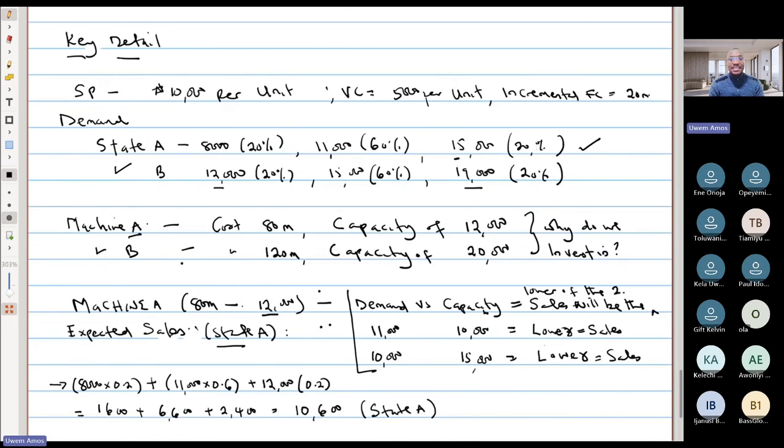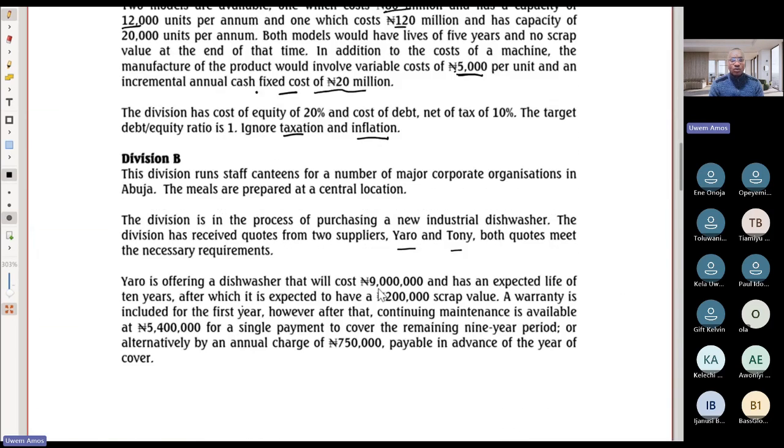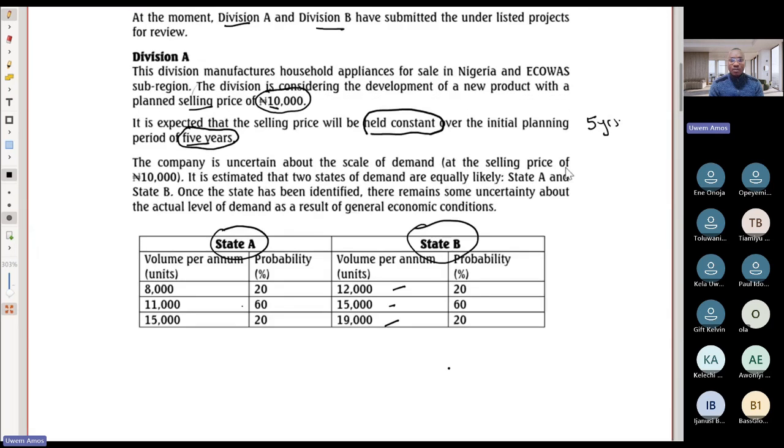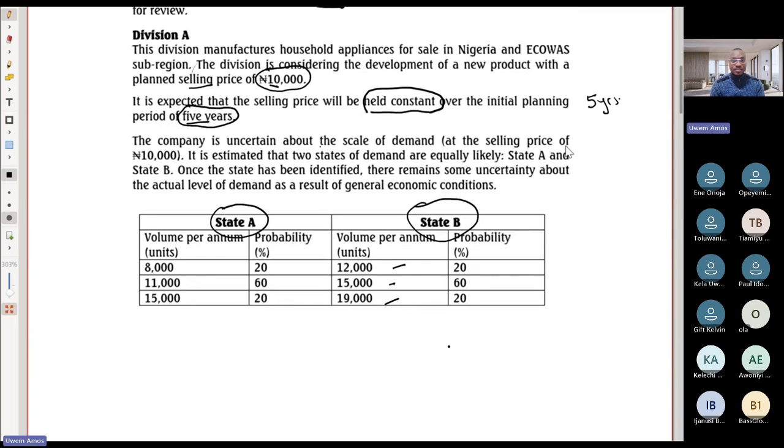What is the probability that state A will happen? Well, we said one of the two can happen. So what is the probability that A will happen, and what is the probability that B would happen? It states right here, it says it is estimated that two states of demand are equally likely.